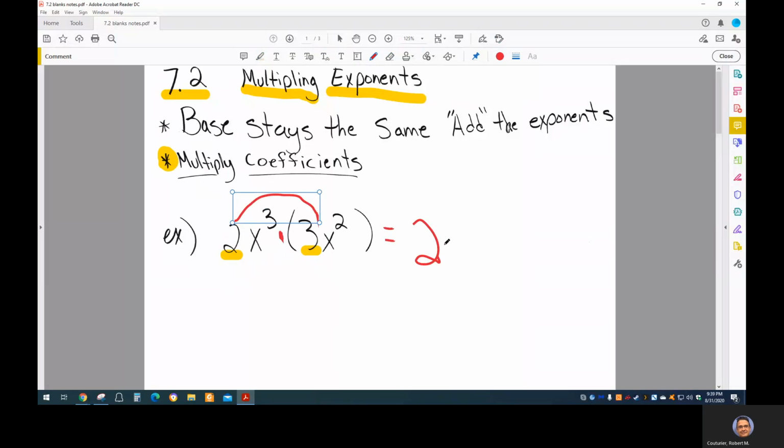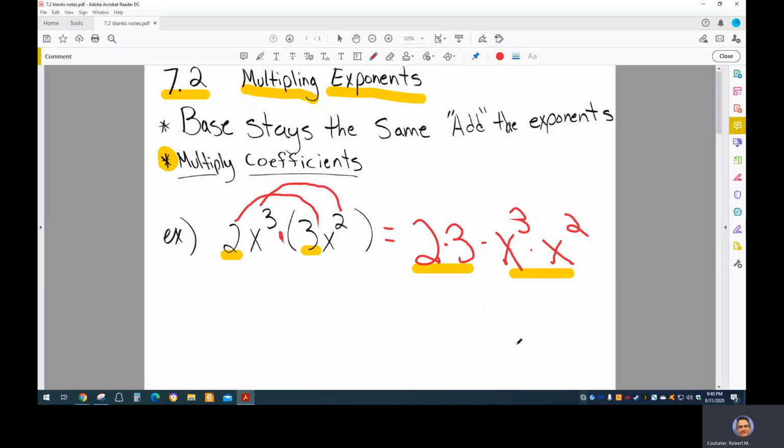Then we're going to do x to the third power times x to the second power. Great. So we just took this problem that was nice and technically organized, but now we broke it up into 2 parts that are easier for us to identify here. We have our coefficients being multiplied together, and then we have our exponents.